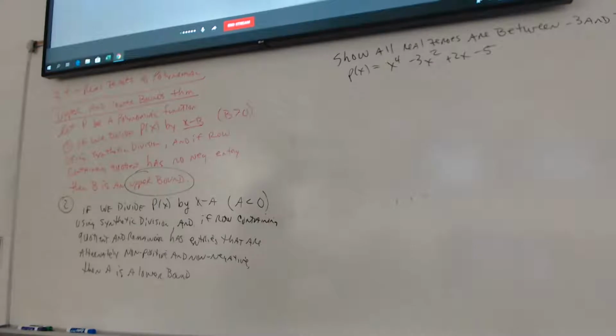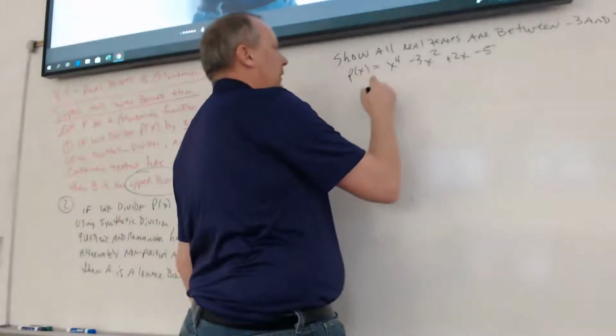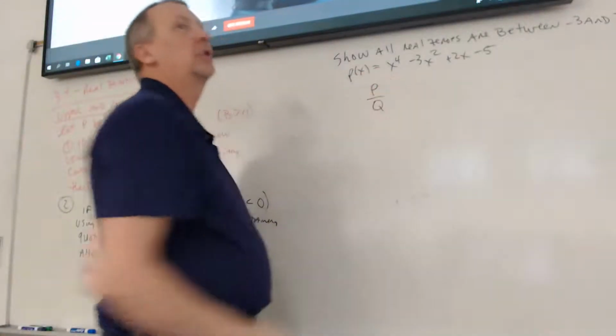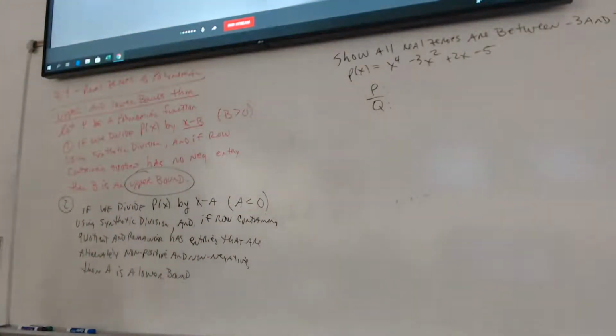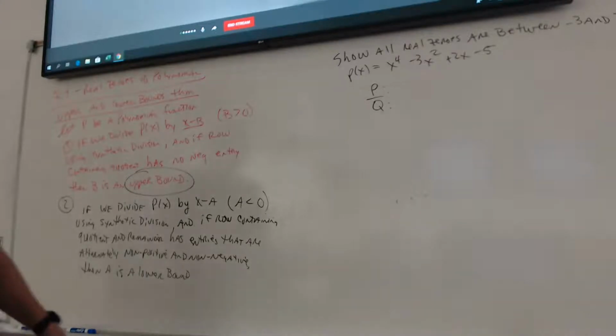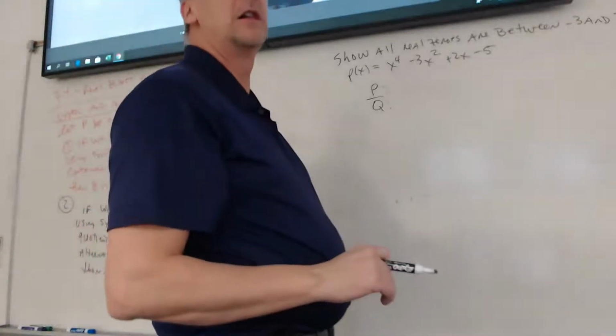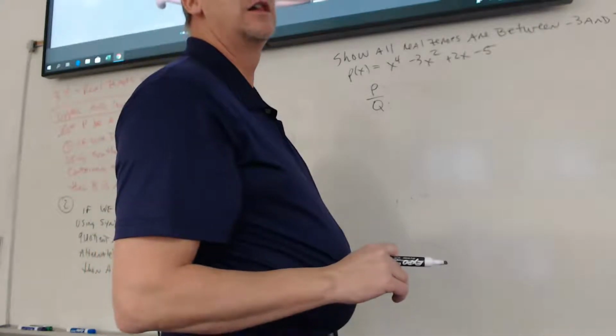Now, part of this is a little silly, because normally what we're going to do is we're going to find our P's and our Q's, right? What are my P's, Nathan, already? I was here physically last time.